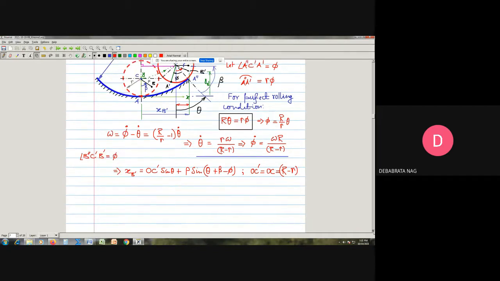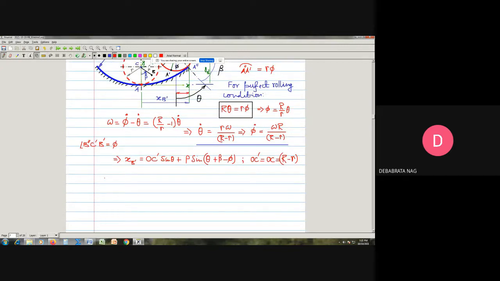So therefore we can say from here that our xb dash is going to be equal to, we can say finally, capital R minus small r into sine of theta plus rho into sine of theta plus beta minus phi.